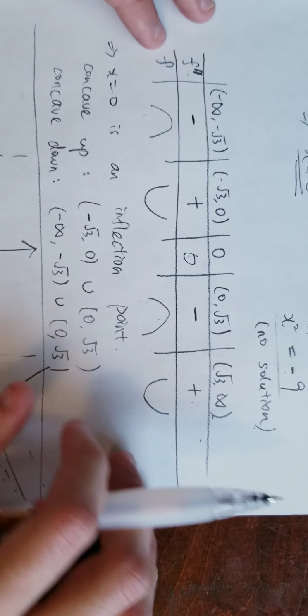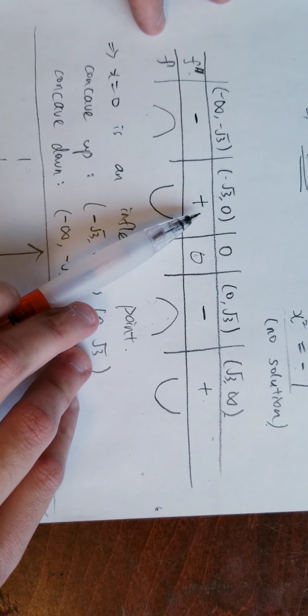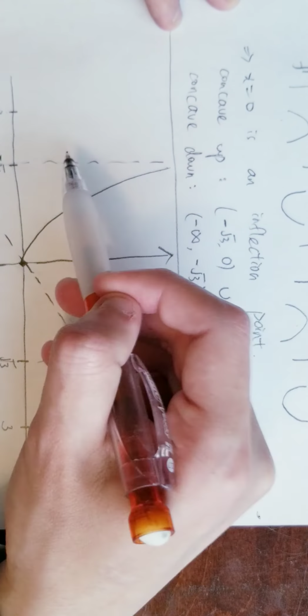To see which one, I look at concave up and concave down. Because it's concave up here, it will look like this. Again, it should approach the vertical asymptote.